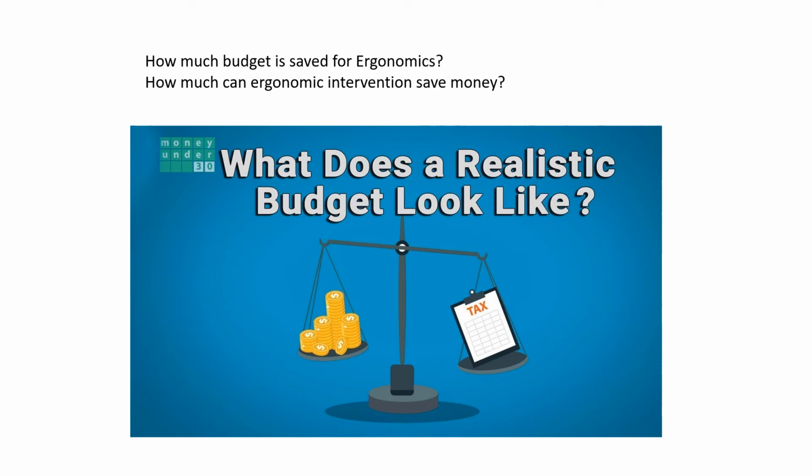Because what is important for business is whether this intervention can somehow save money for the system or reduce the expenses for the system, this is the main question. And many ergonomic studies at the moment are trying to provide more evidence to answer this question.